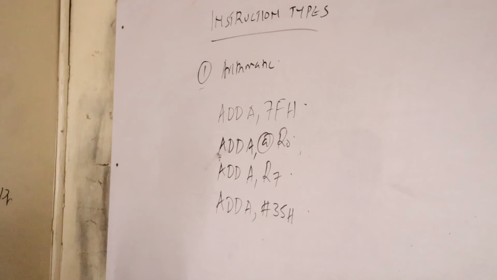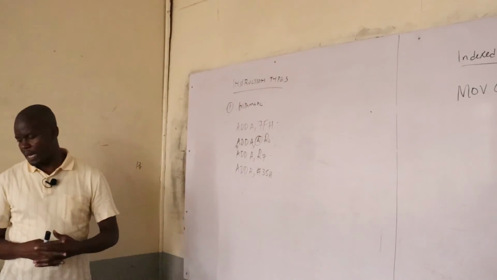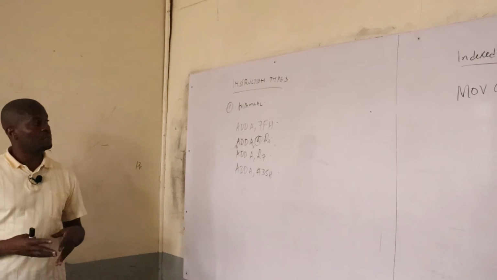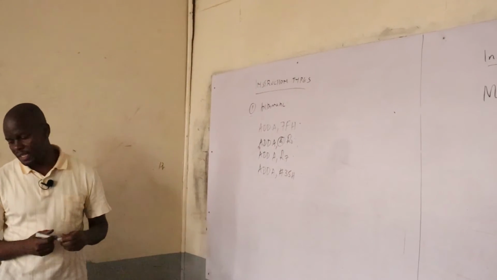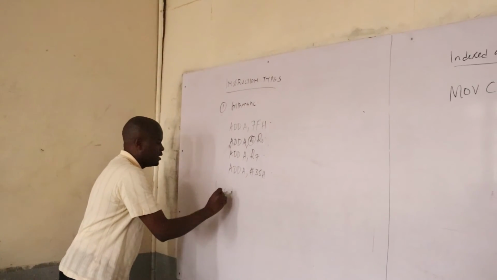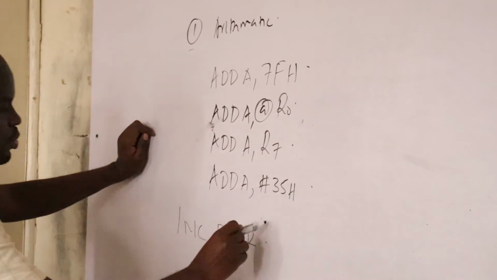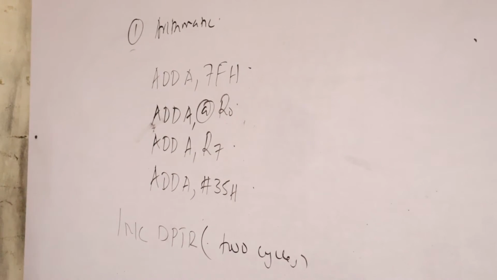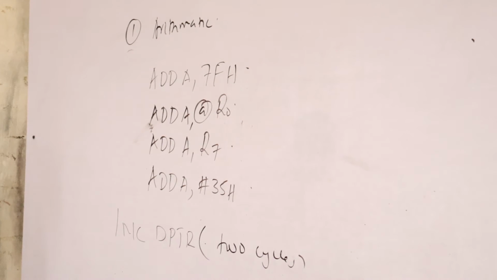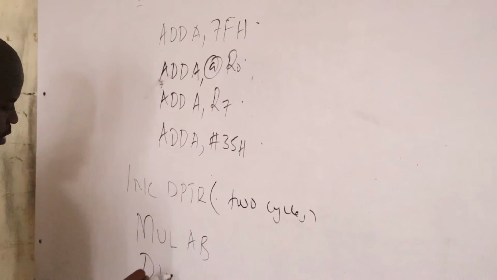All the arithmetic instructions are executed in one machine cycle, except some instructions, such as the one that increments the data pointer, INC DPTR. That one has 2 cycles. Another example is the multiply and divide instructions, MUL AB and DIV AB.